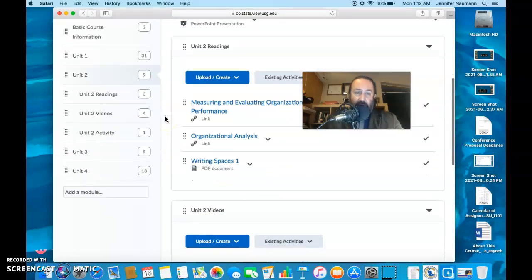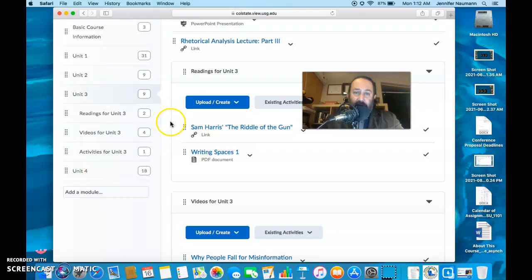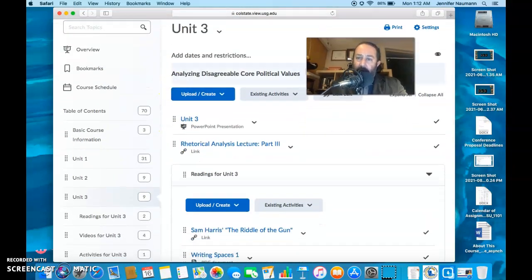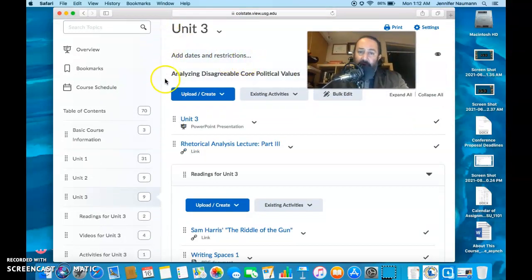And they're on various topics, usually in some way relating to the essay that you're writing in this unit. This is Unit 3, Analyzing Disagreeable Core Political Values, where you kind of like objectively look at a political opinion that you disagree with and give it a good analysis and assessment of their reasoning without making it an argument.